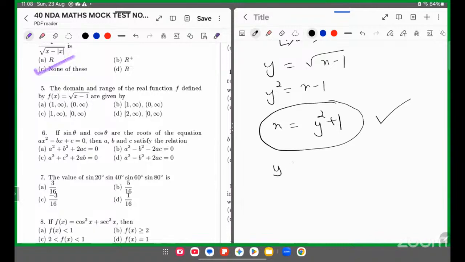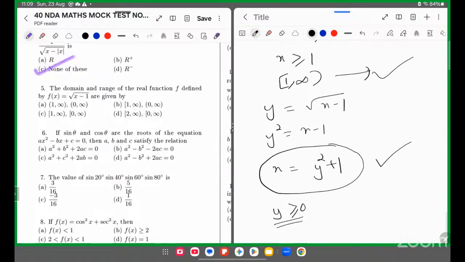So y should always be greater than or equal to 0. So we can say that 1 comma infinity is our domain, and 0 to infinity will be our range. So option B will be the correct answer.